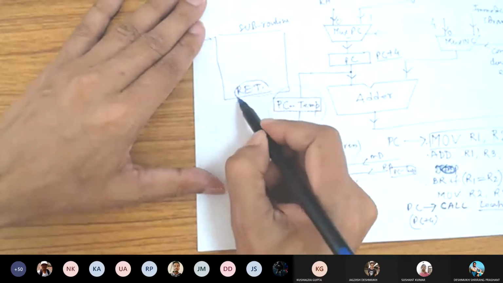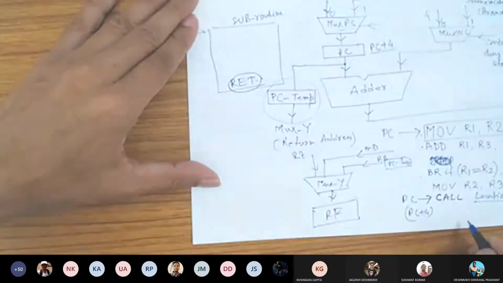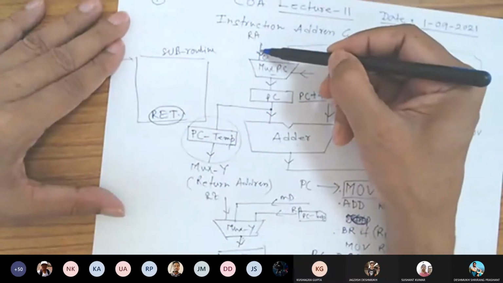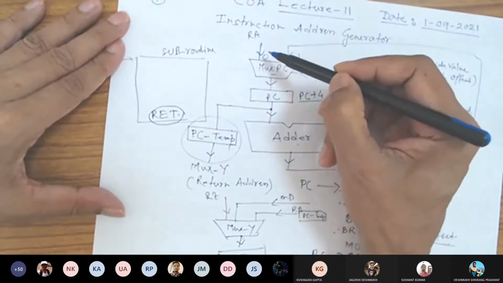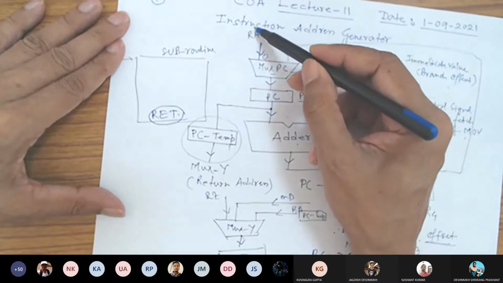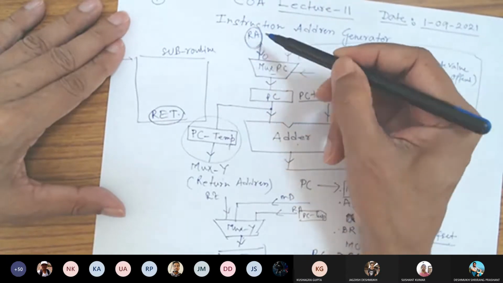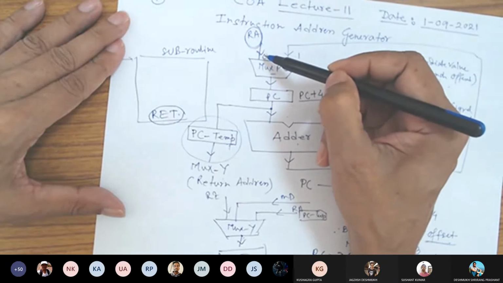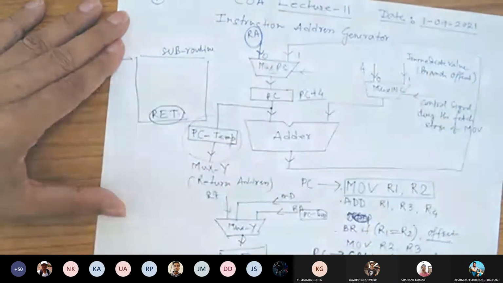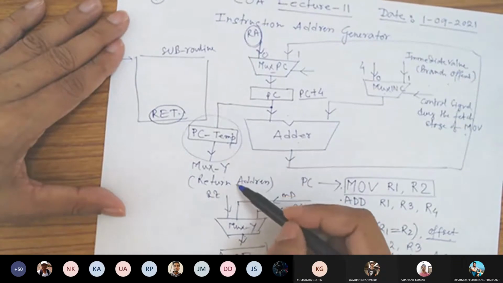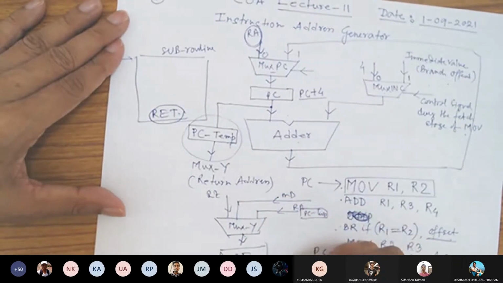So when the return comes in the subroutine, the multiplexer PC selects the value from the return address, which was stored in the register file.